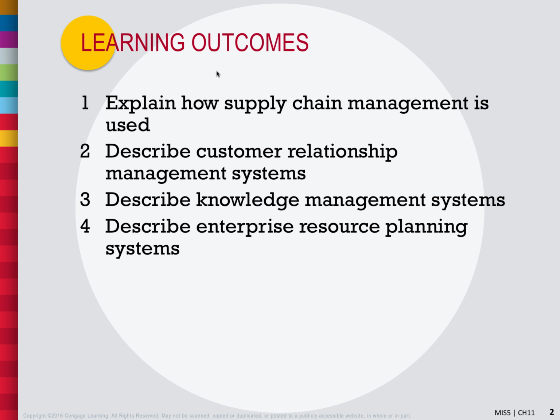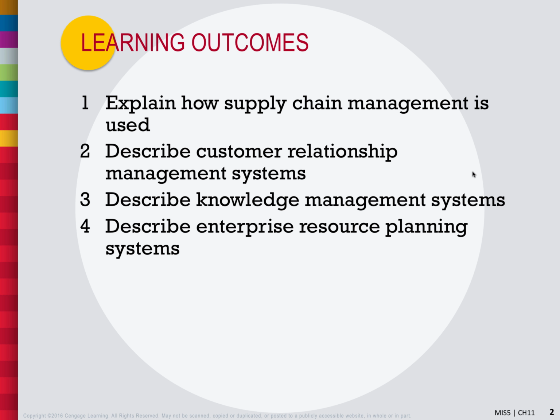Enterprise systems is what we're calling them, and they can be customer relationship management systems, knowledge management systems, resource planning systems, the whole kit and caboodle. And there's a lot of different subsystems and kind of terminology we're going to hit along the way.